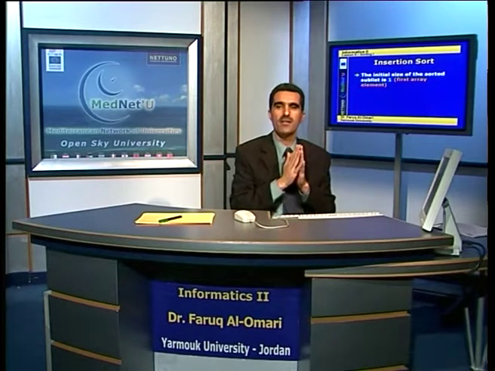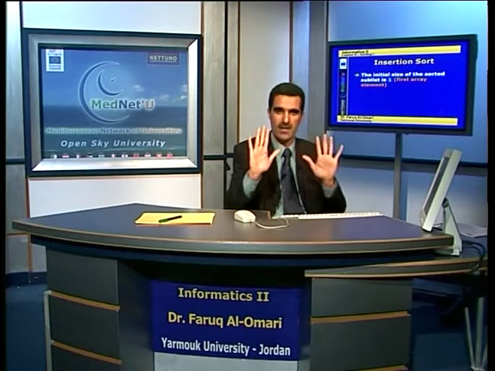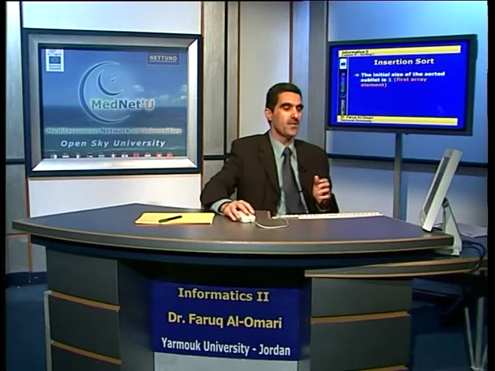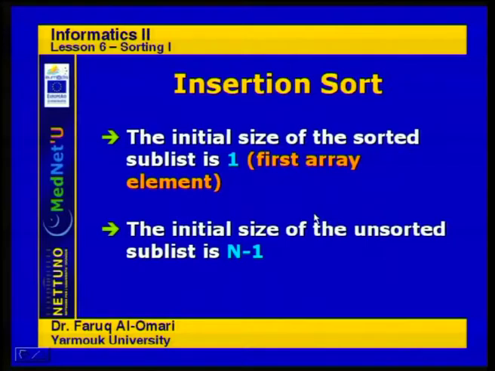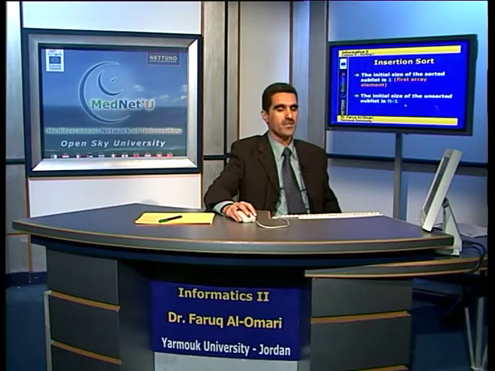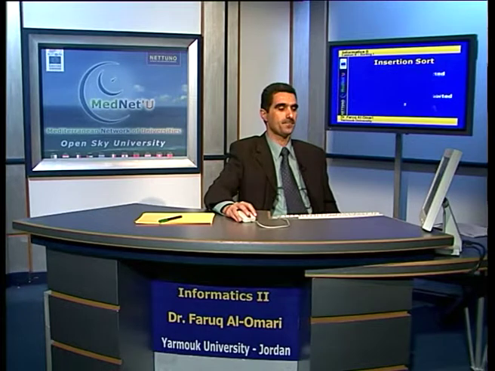No one is bigger than it, no one is less than it so far in the sorted list. So the initial size of the sorted sublist is 1, the first entry in the list. Then obviously, if I have n elements in the list, the size of the unsorted list is n minus 1. That's the initial setting for my program.